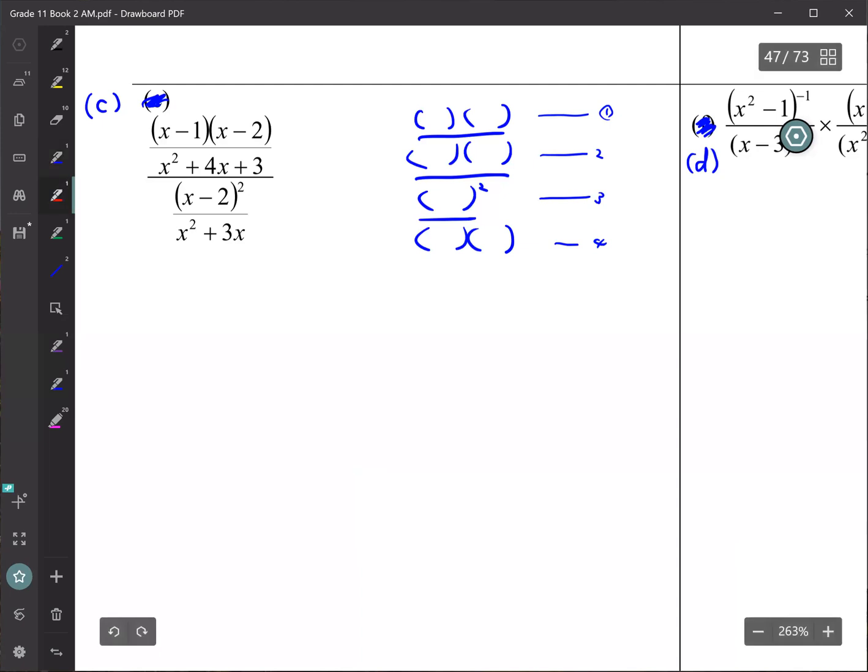So what you guys can do is you treat the very middle line, this line, as dividing. Okay, so you have a fraction on the top divided by a fraction at the bottom. So it's just written in this way, trying to confuse you, right?